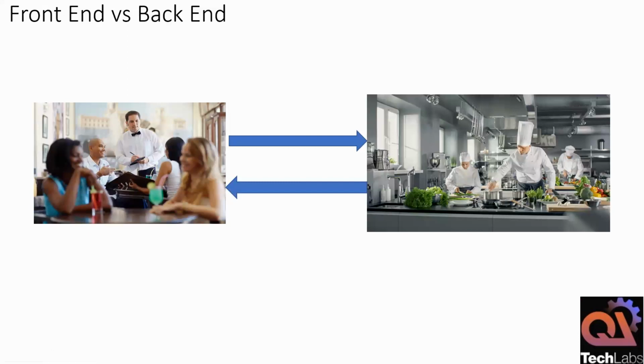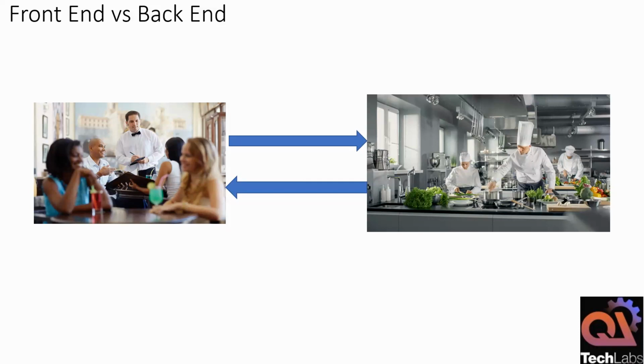One step further into the software industry, software testing: front end versus back end. Can anybody explain what you're seeing here? Front end, he is taking the orders from the different customers, and back end, they are preparing the orders. So what you're seeing on the slide is two pictures.